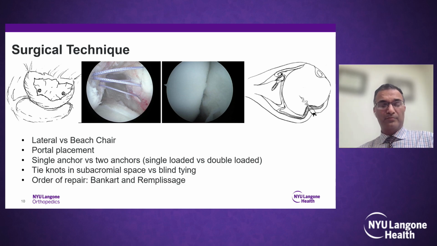I tie knots, and I know there are knotless ways of doing it, but I tie my knots at the end, just like was said before. For the remplissage, I do the suturing and passage first, repair the Bankart lesion, and then tie them at the end of the case. And I tie knots. They're blind knots, they're arthroscopic knots, but I feel comfortable with that.